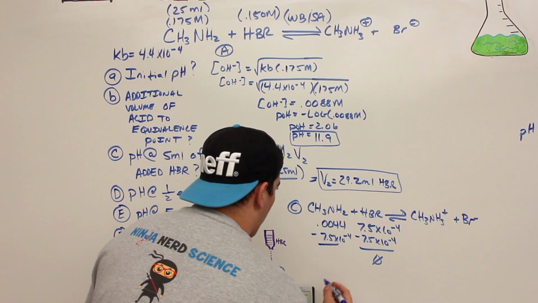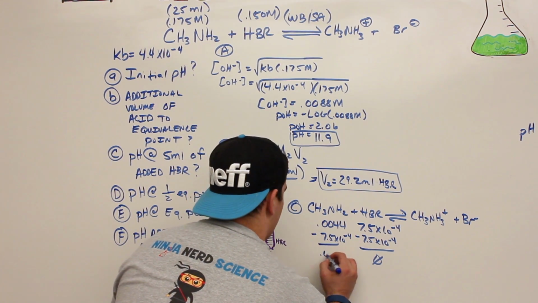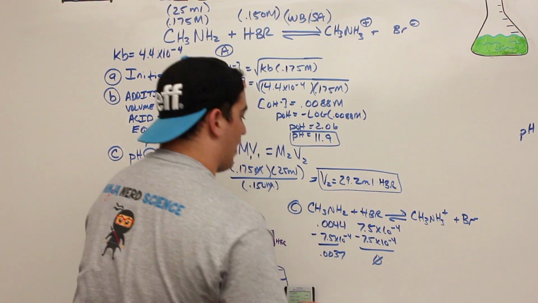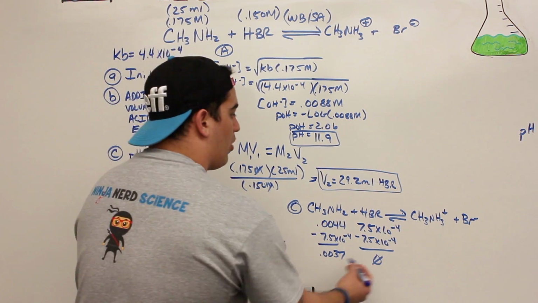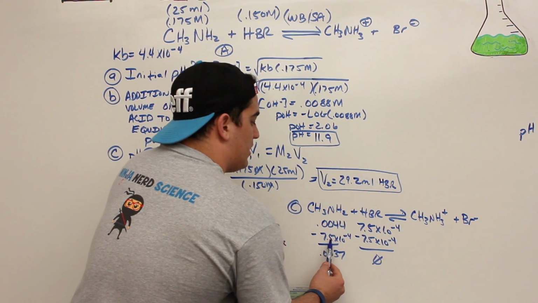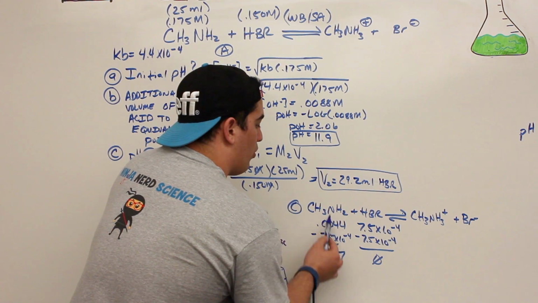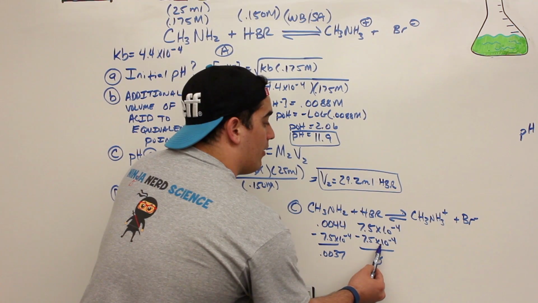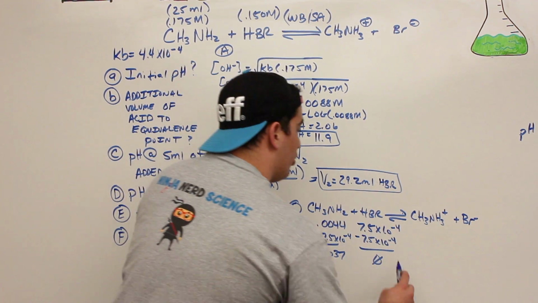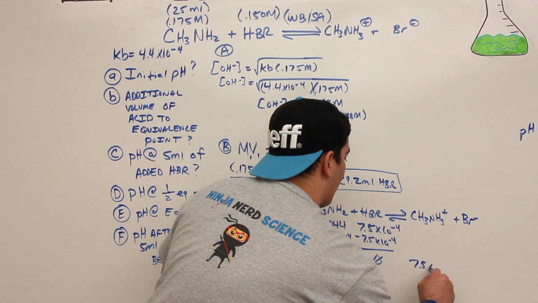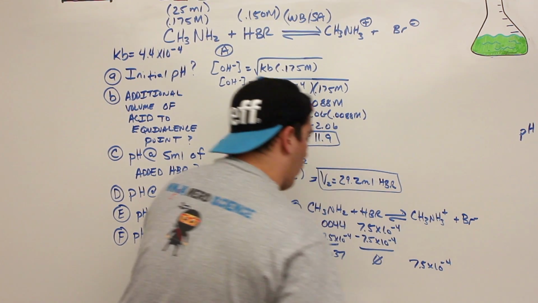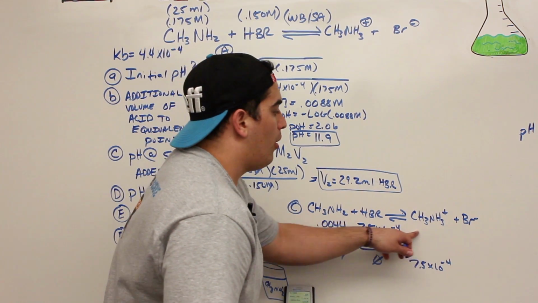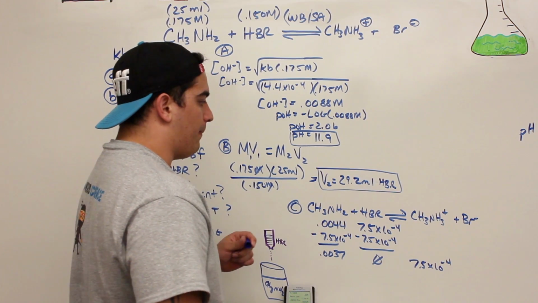I get 0.0037 moles left of the methylamine, 0 of the HBr. But what happened? 7.5 times 10 to the negative 4 moles of methylamine reacted with 7.5 times 10 to the negative 4 moles of HBr and produced 7.5 times 10 to the negative 4 moles of this conjugate acid of methylamine.